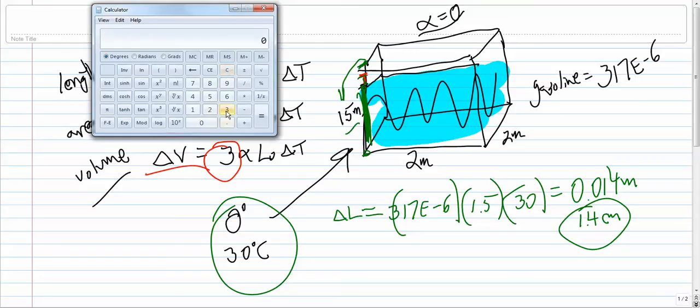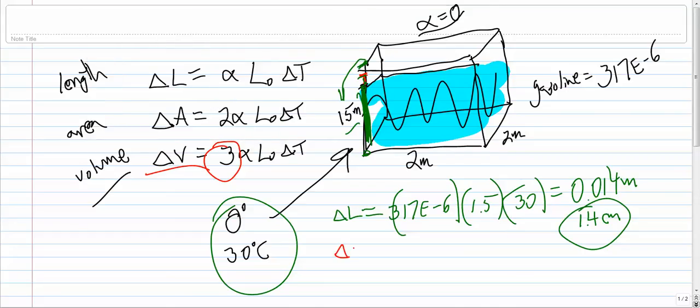So I'm going to go 3 times, and it was 317 times 10 to the negative 6th times 1.5 times, and then the temperature change was 30. So I get 0.042. So delta V, I got 0.042.